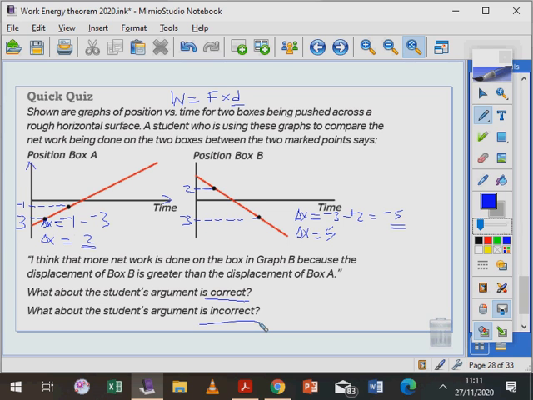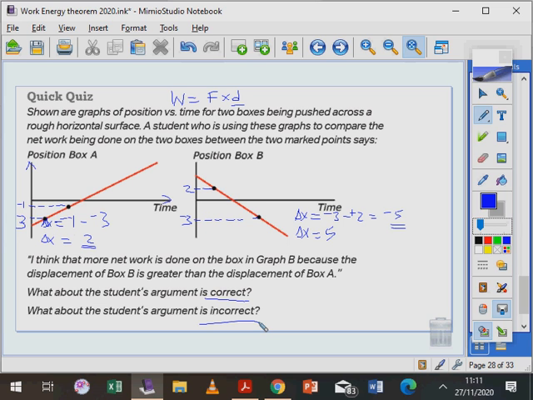Well, I mean, he's going into negative distance, and that means there's more negative distance. We are thinking of the absolute value of the displacement, like what's his change in position? Because the displacement of box B is greater than the displacement of box A. Yeah, it is greater.